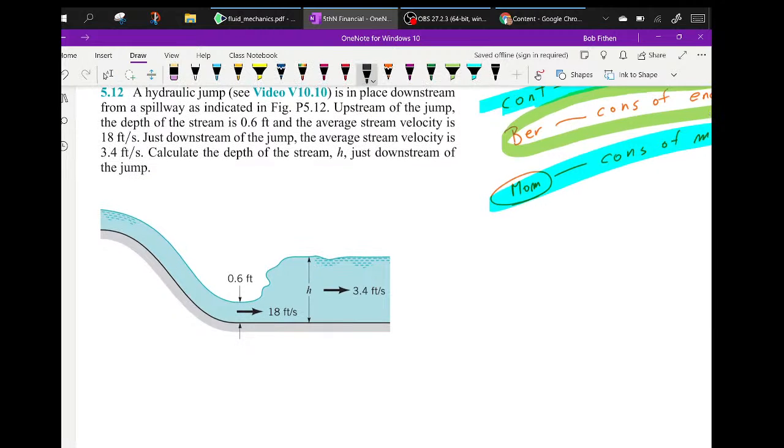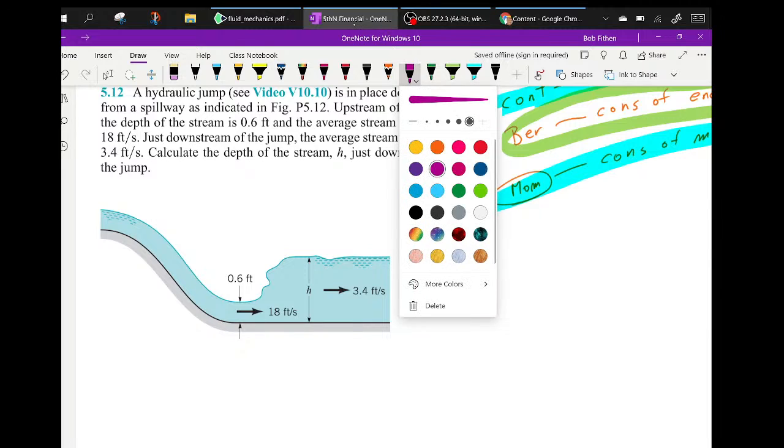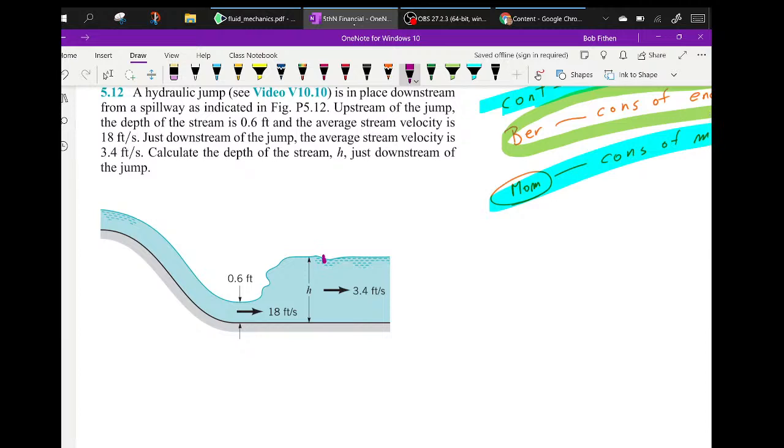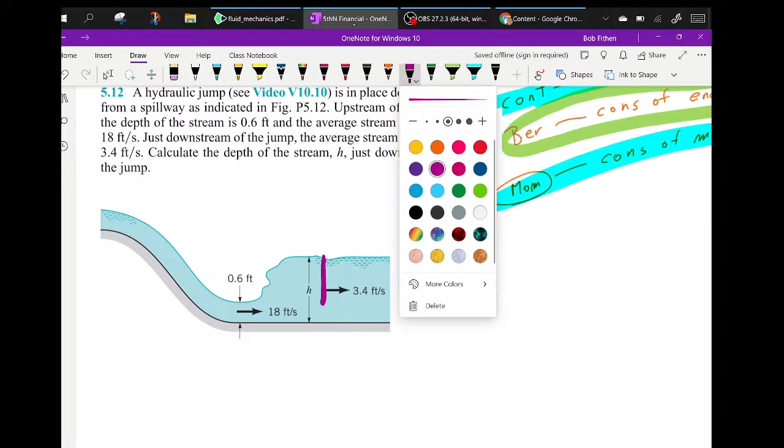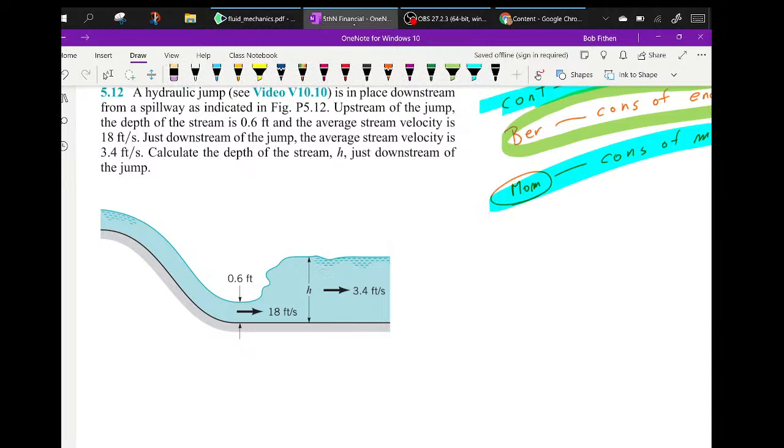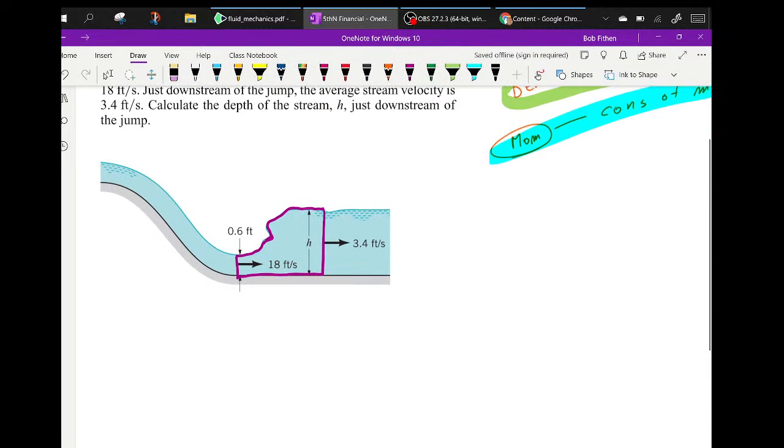So if I take a control volume here, and I say to myself, I'll make the control volume here. Make this the control volume. Here's my control volume. And along this total top edge, there's no mass out, so therefore we're all good.